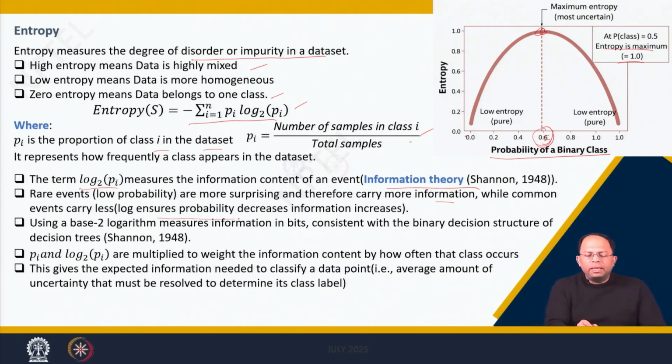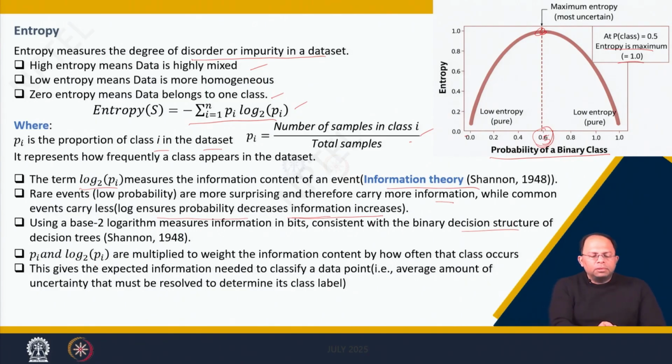So the log ensures that as probability decreases, information increases. So when probability is less, information would be more. Using a base 2 logarithm measures information in bits, in yeses and nos, and it is consistent with the binary decision structure of decision trees.